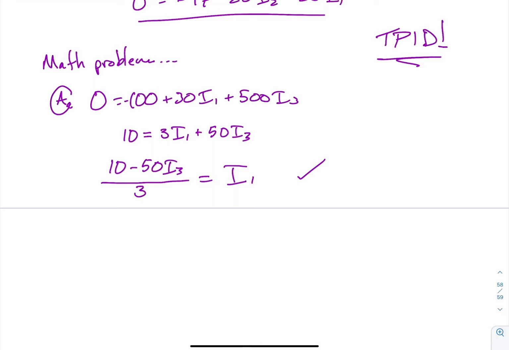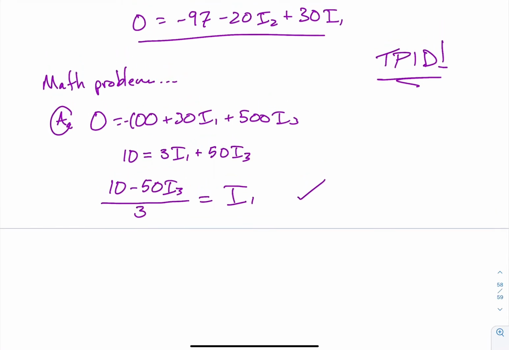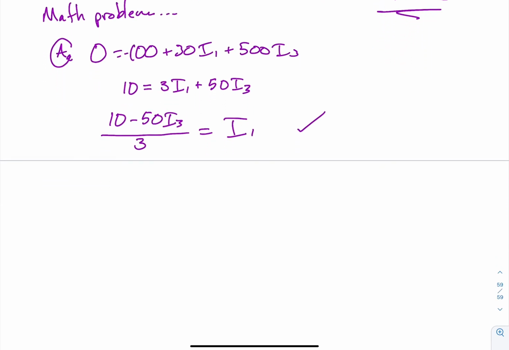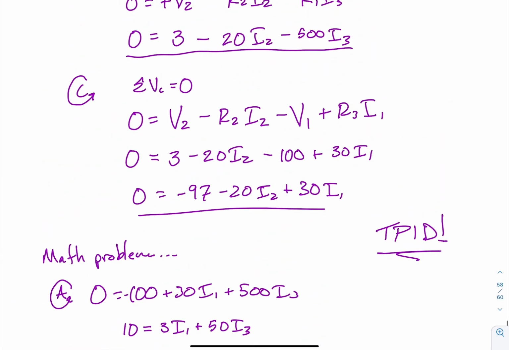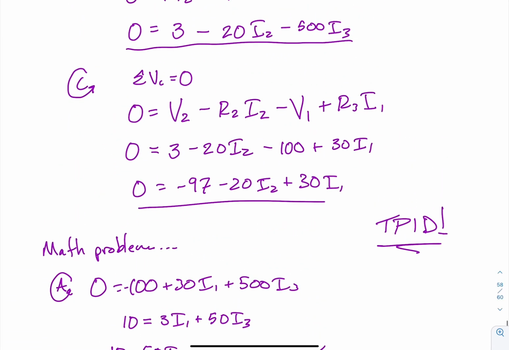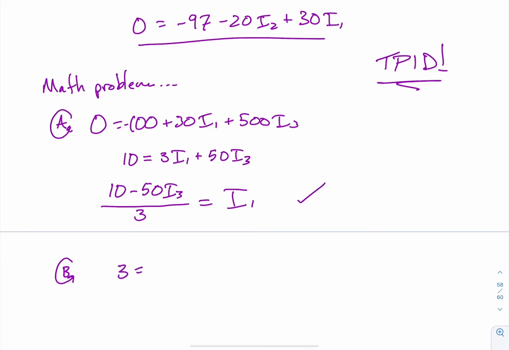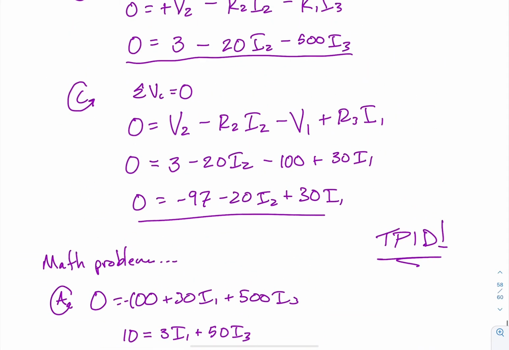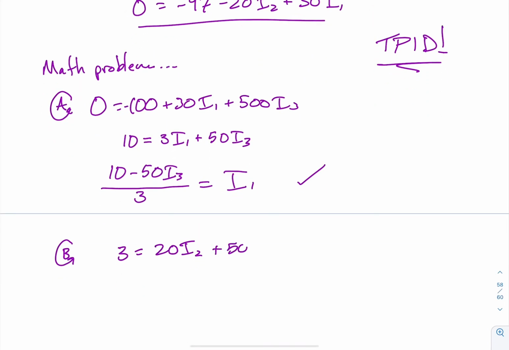And now I'm going to look at loop B. Loop B is 3 equals 20I2 plus 500I3.